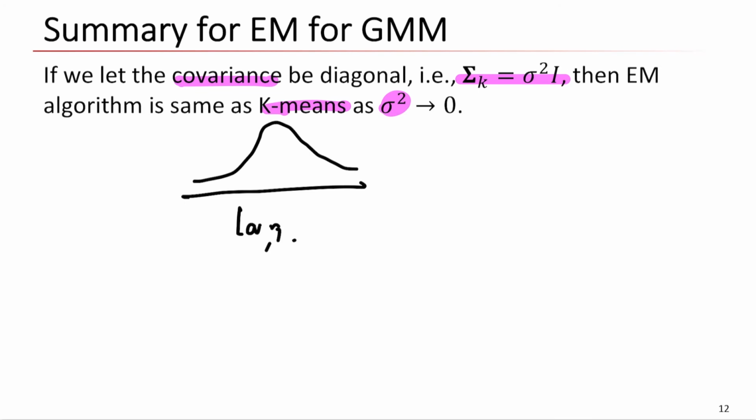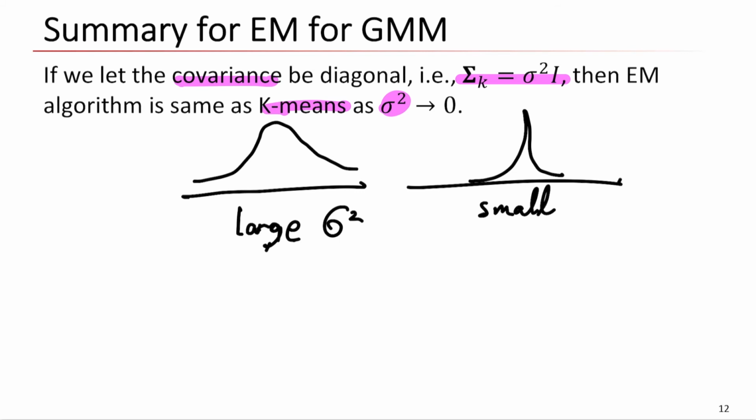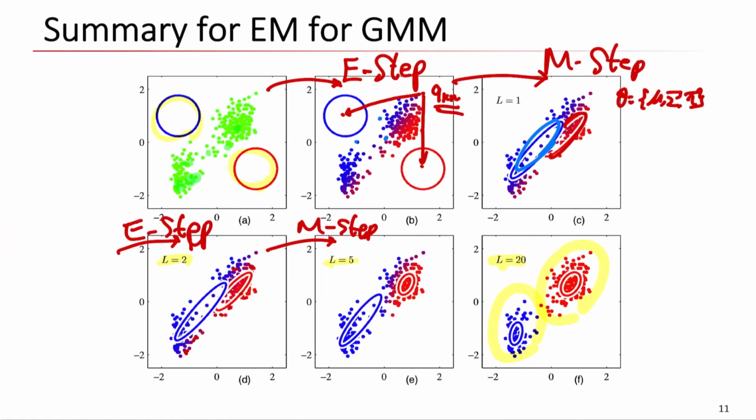When we have a large sigma square and when we have a small sigma square, by decreasing the sigma square, the shape looks like the theta function.